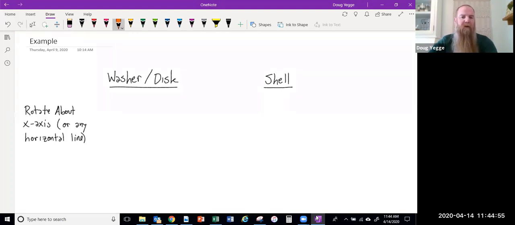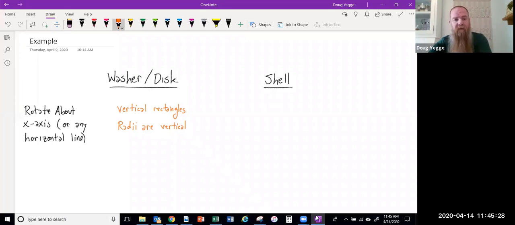If I'm going to rotate about the x-axis for the washer method, then that means that I'm going to have vertical rectangles, and my radii are also going to be vertical, because the radii are basically telling you what those vertical rectangles are.